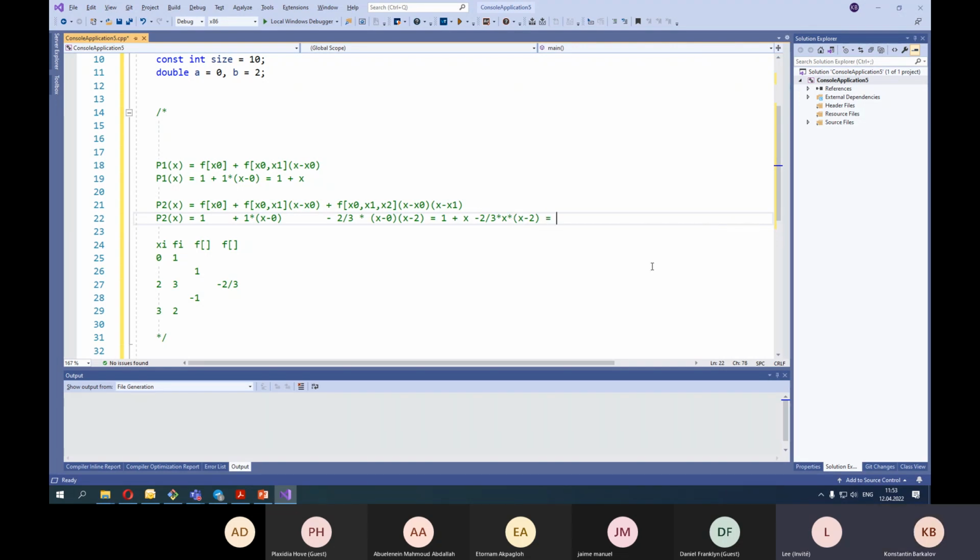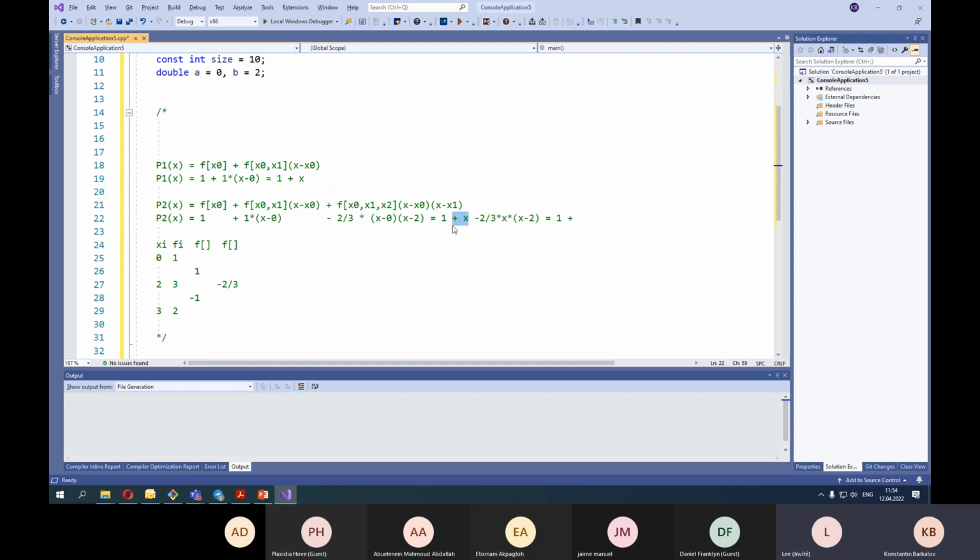Okay, let's write it in the form 1 plus... if I open these brackets, what I have for x?